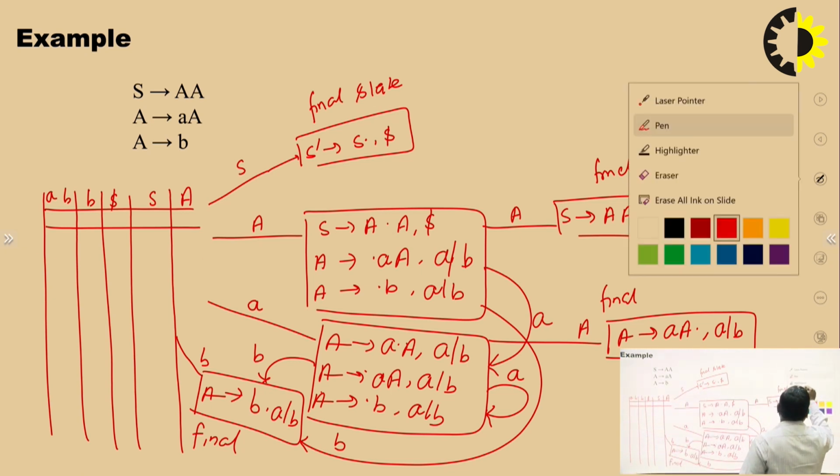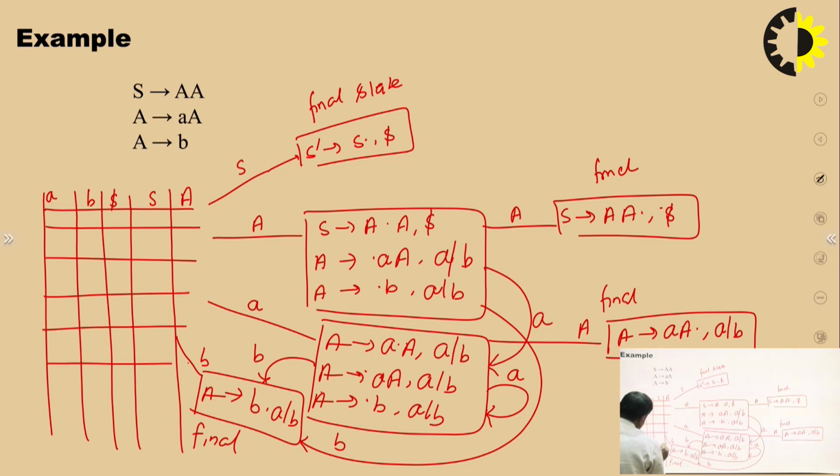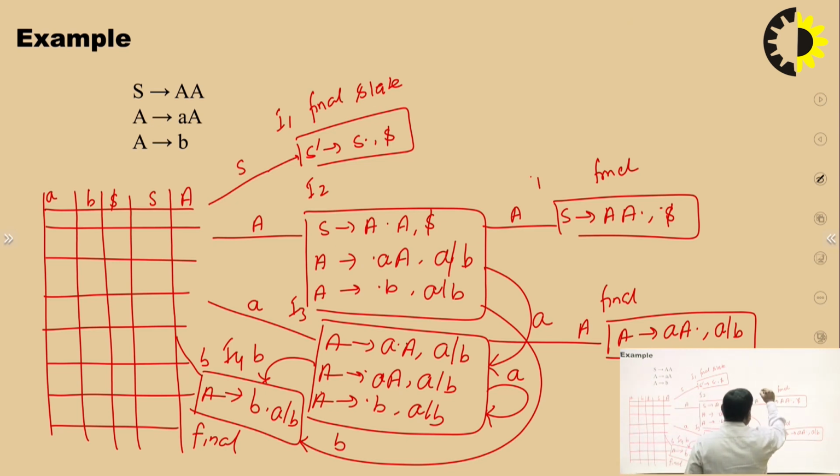We draw the CLR parsing table with the help of the number of the states. How many states? That is I0, I1, I2, I3, I4, I5, I6.